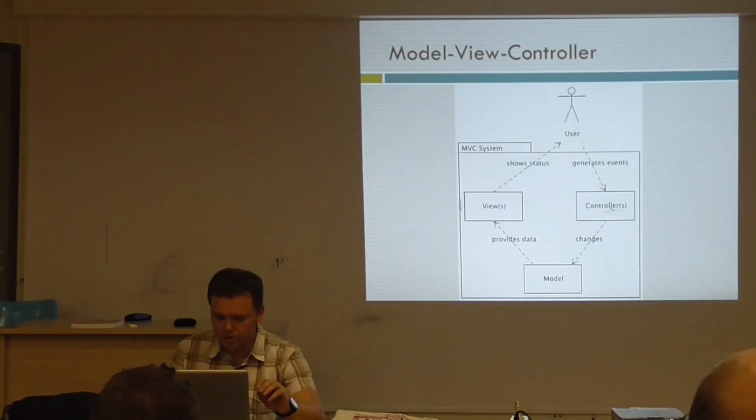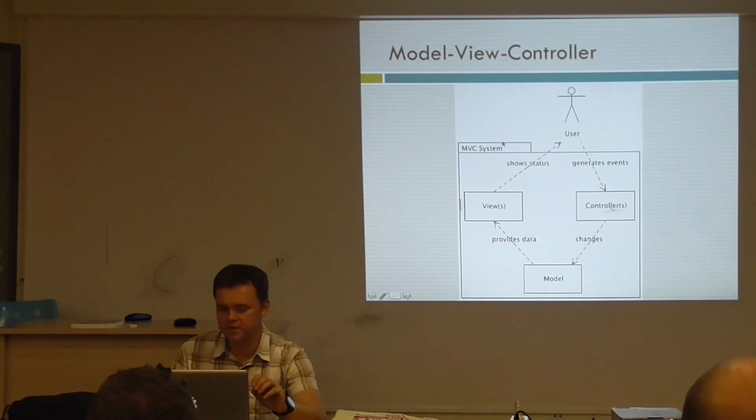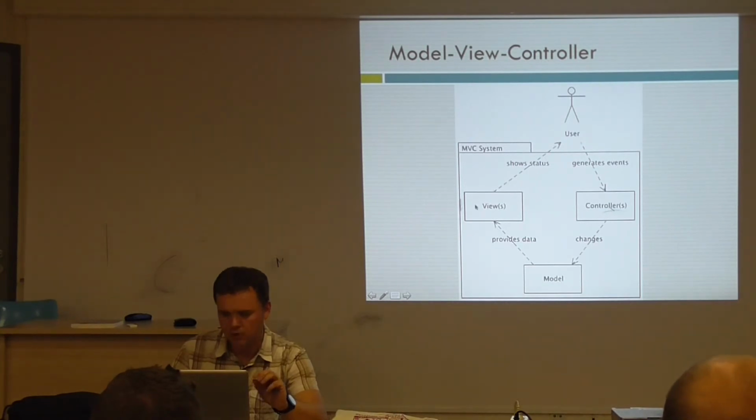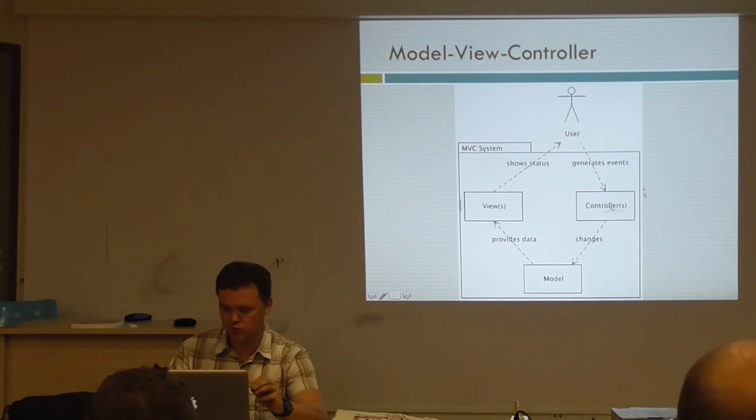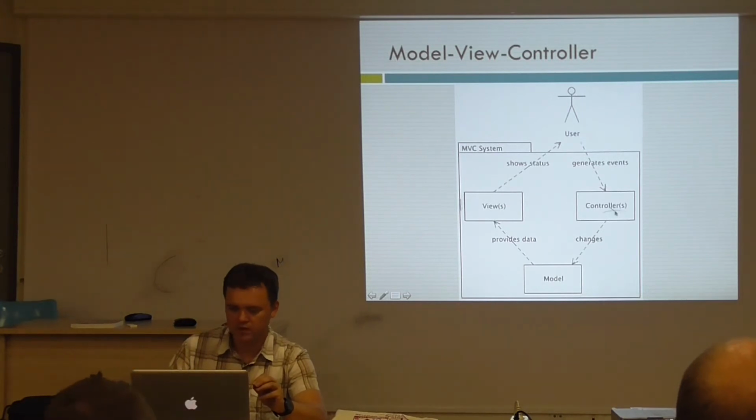Another picture for MVC, model view controller, is here. So model provides data to the view. We can show results from view of this data, described by model. User can generate events, press something. He or she uses controller, so we can do some changes to data described by model.